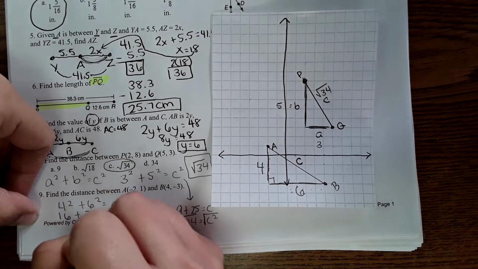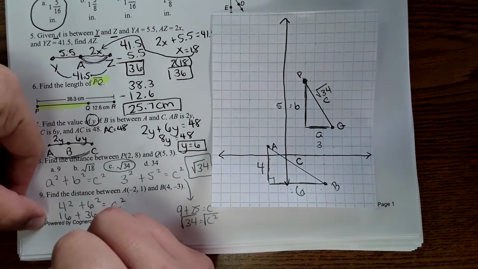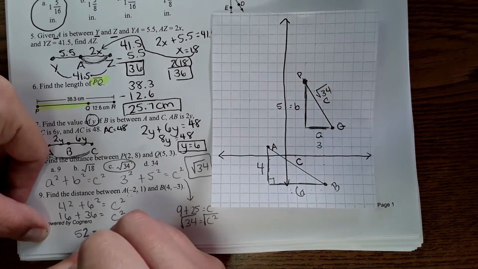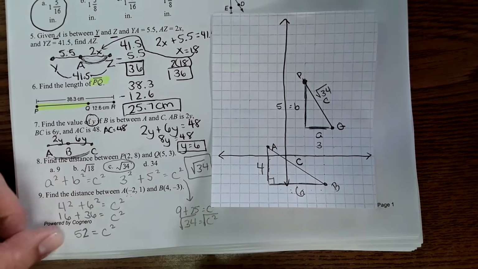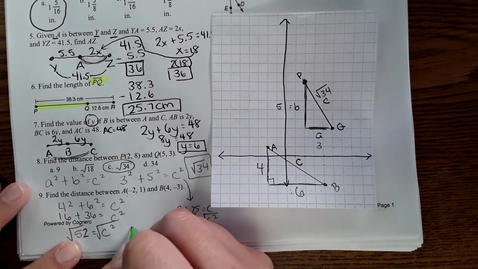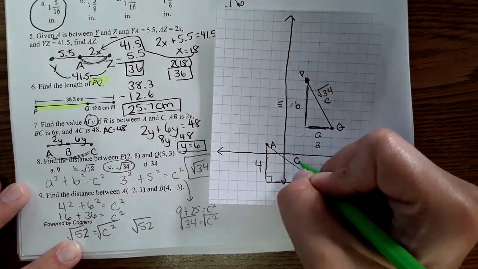16 plus 36 equals 52. And then the last step is square root of both sides. So square root of 52 is the length of this here.